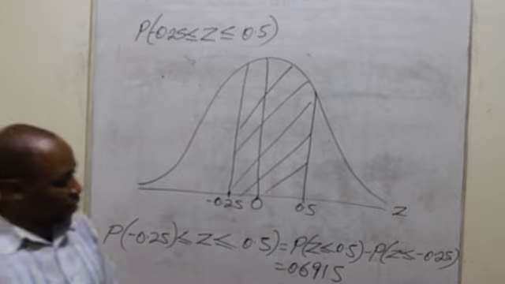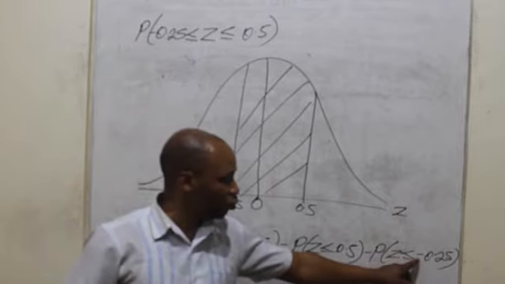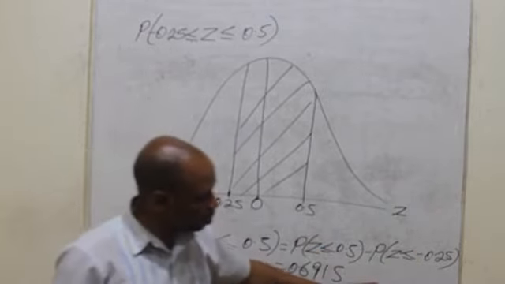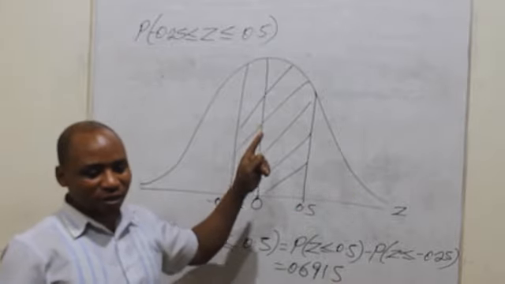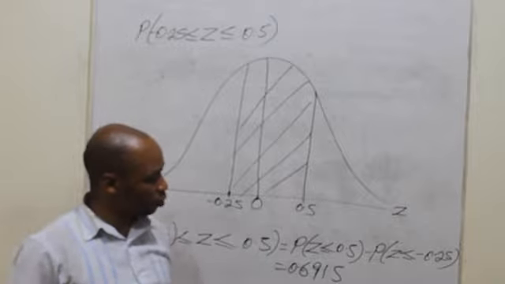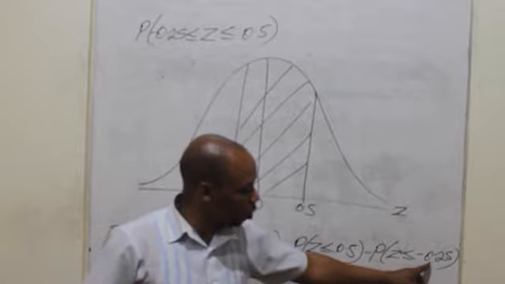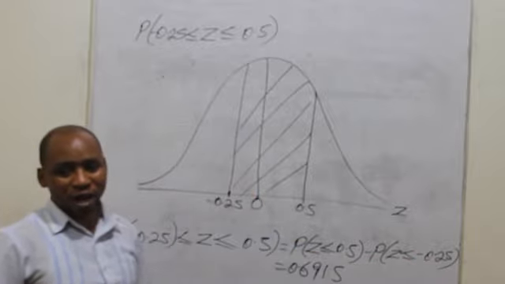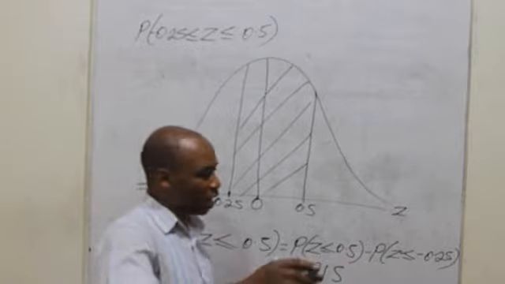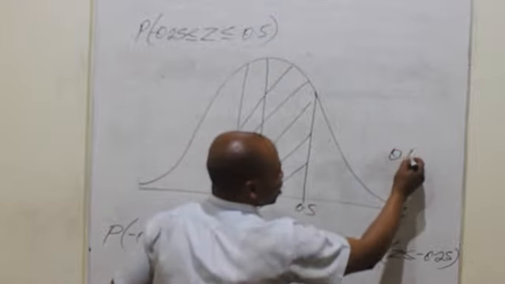Then the same thing is done to the probability of Z being less than or equal to negative 0.25. So with this, we traced from the Z column on the normal distribution table. When we trace it down till we get to the negative 0.2, then after locating the negative 0.2, we then trace it horizontally till we get to the column headed by 0.05.